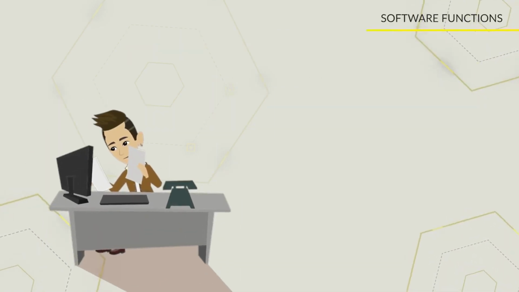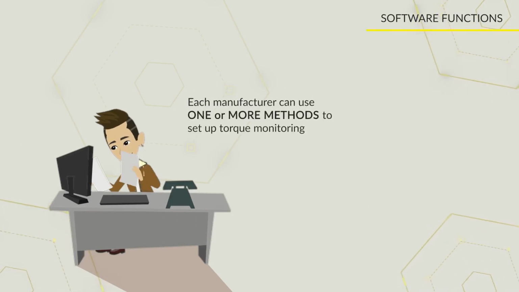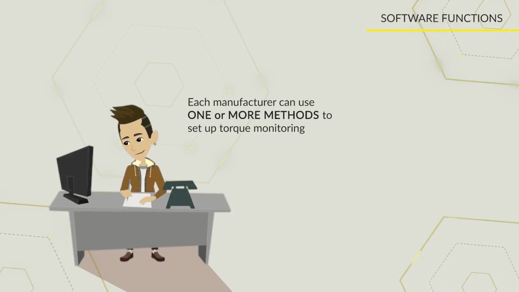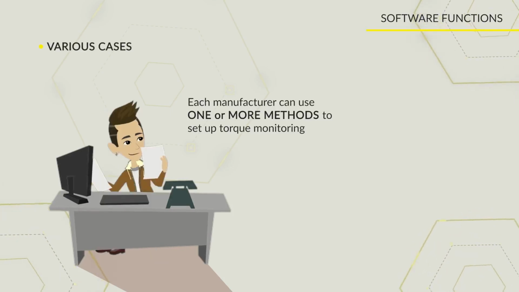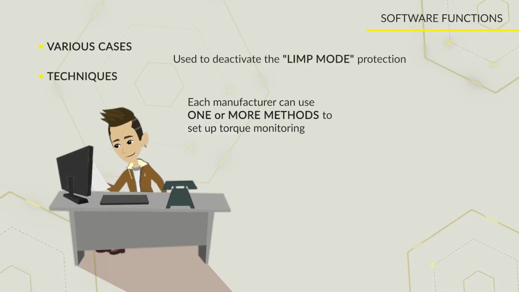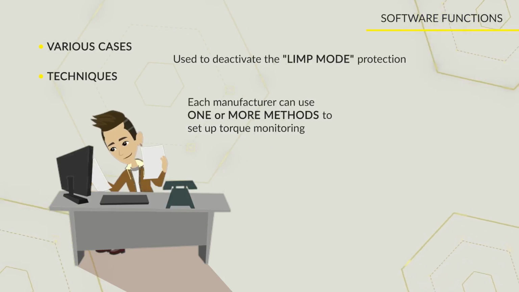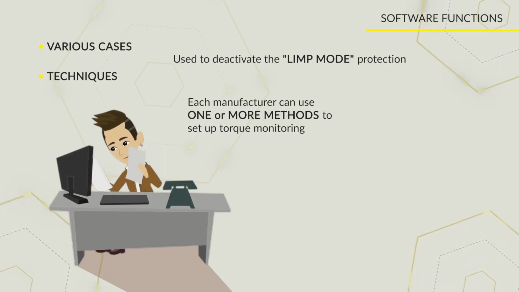It should be noted that each manufacturer can use one or more methods to set up torque monitoring. Precisely for this reason, we will see that there are various cases and as many techniques used to deactivate the limp mode protection condition linked to monitoring, easily reachable after editing our original file.